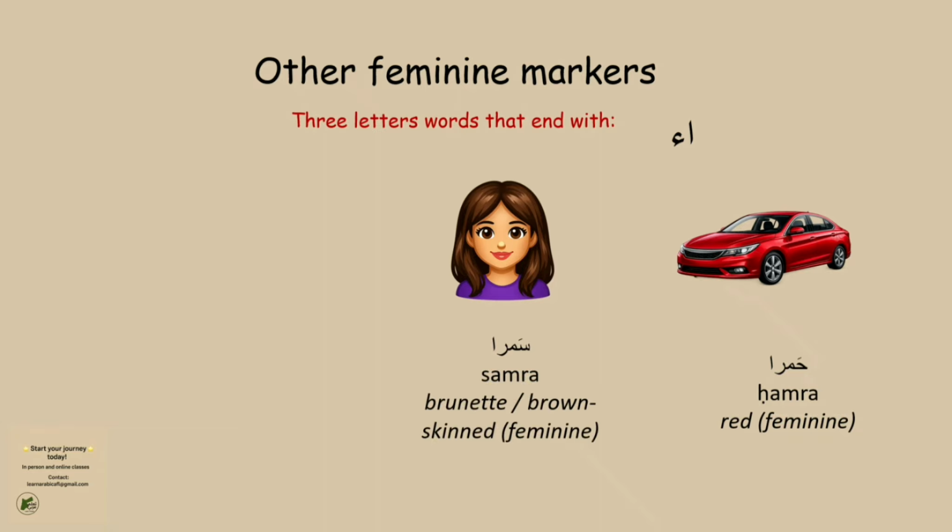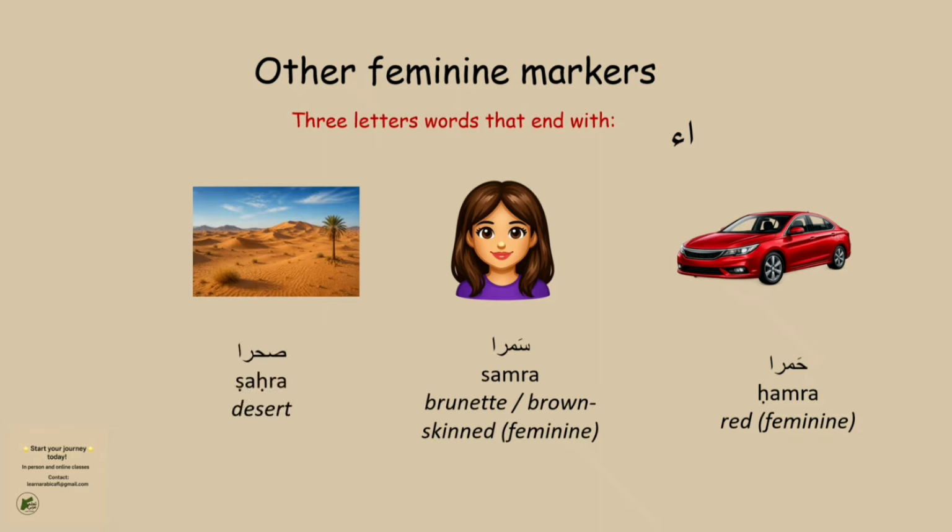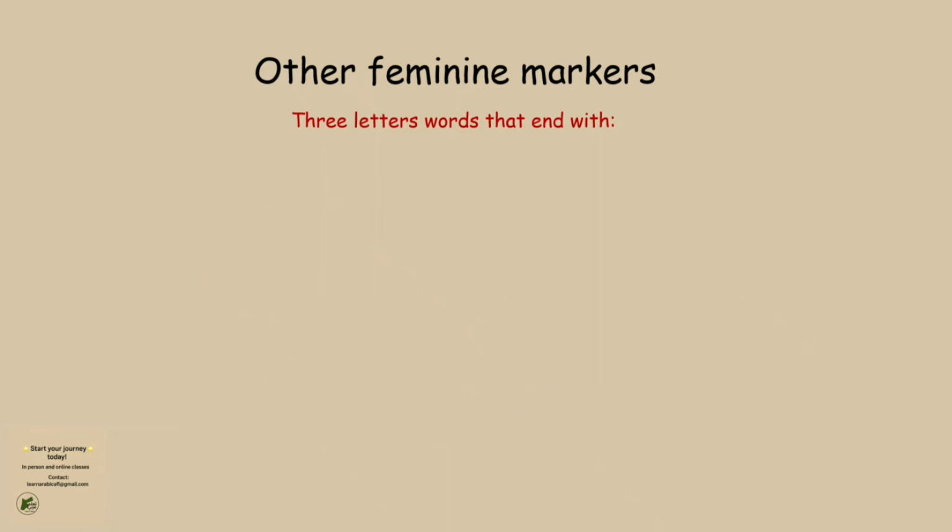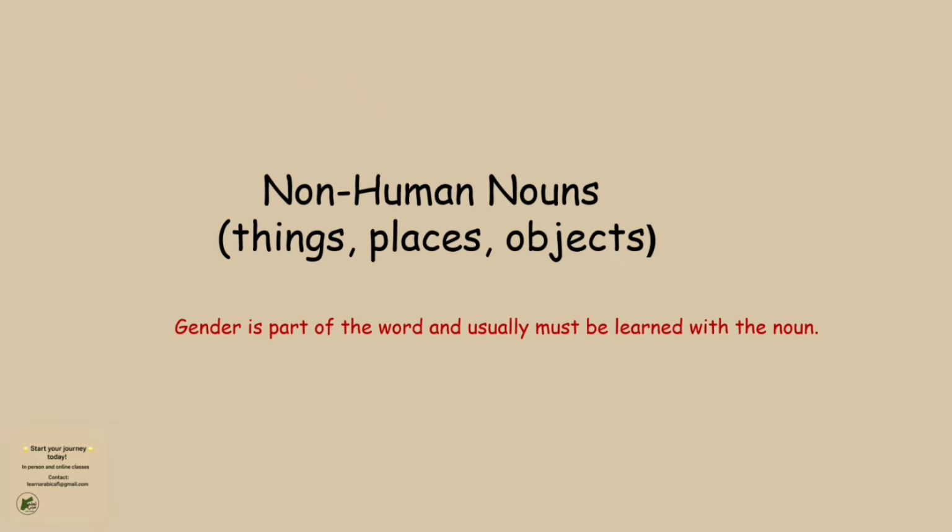Samra, Sahra. A third feminine marker is the three-letter words followed by alif maksura. However, this marker is used in standard Arabic, not necessarily dialect.